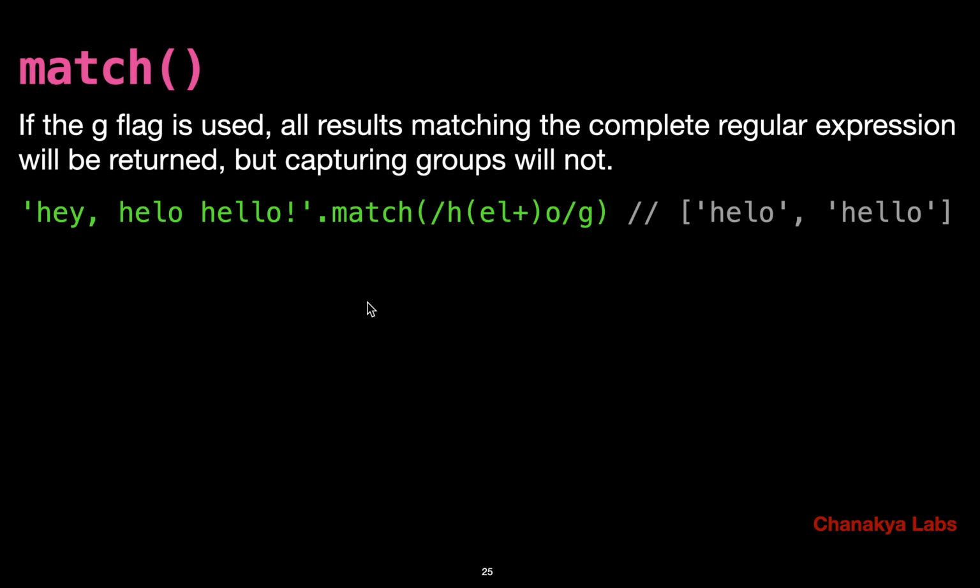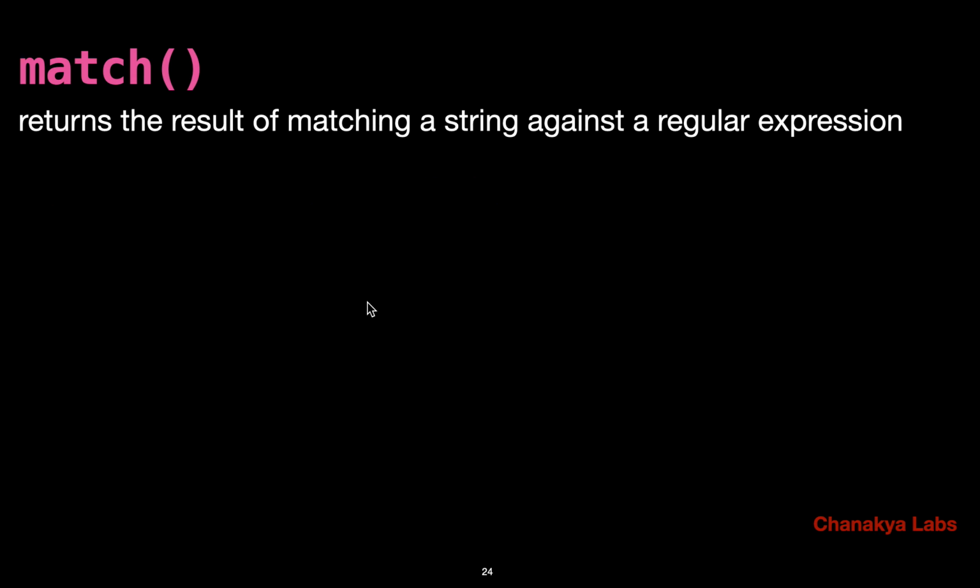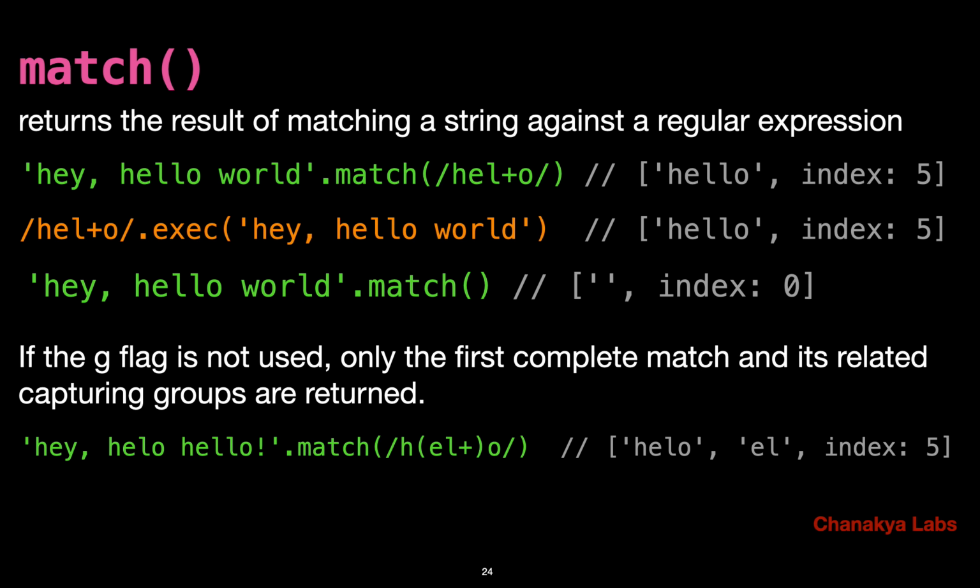Last time we saw that when the g flag is not used, you can provide the g flag or not provide it. If you don't provide the g flag, then the complete first match and all the capturing groups are returned.